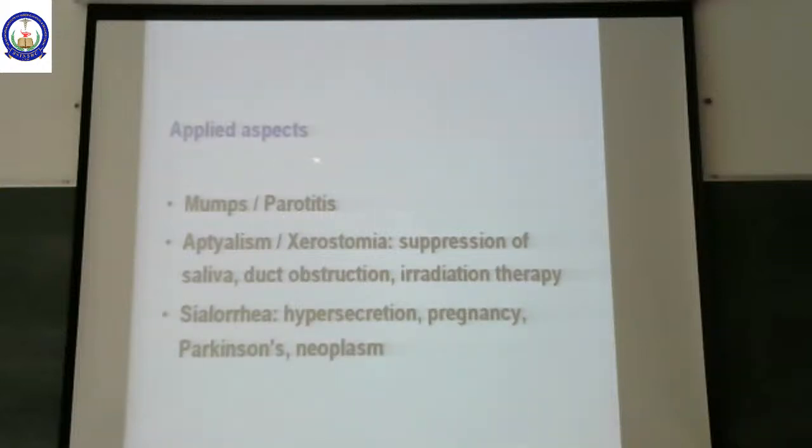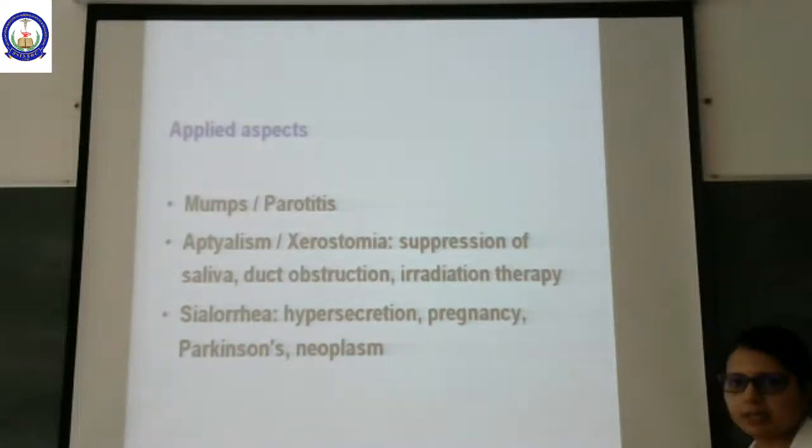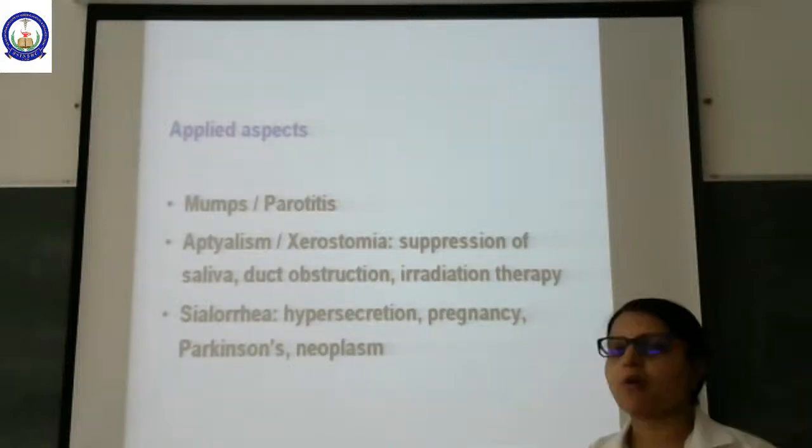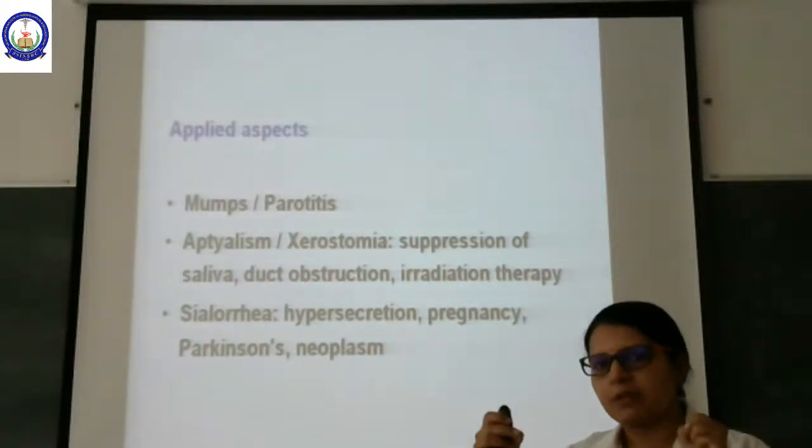Next is xerostomia. Xero means dryness, and stomia relates to the mouth. So dry mouth, or xerostomia, is suppression of saliva. Absence of secretion of salivary juice is called xerostomia. This may be seen whenever there is obstruction to the duct of the salivary glands. The gland is secreting salivary juice, but to reach the oral cavity it has to pass through the duct.